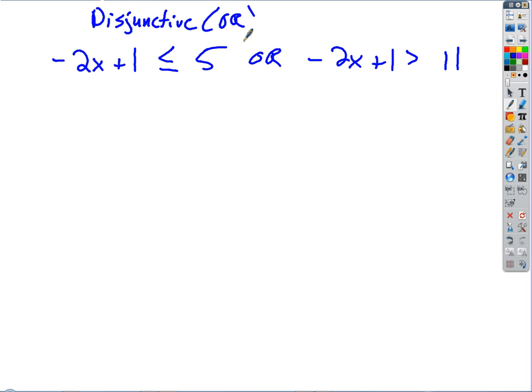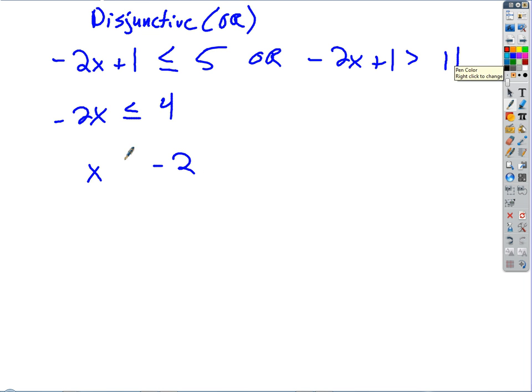So we got to solve the left part of that compound inequality first over here. What are the steps we'd go through to solve for x here? Okay, we subtract 1. So negative 2x is less than or equal to 4. Right? Now what? Divide by negative 2. So that's going to give me an x over here and a negative 2 right there. Now what do I have to do in this case? Got to flip them around, don't I?